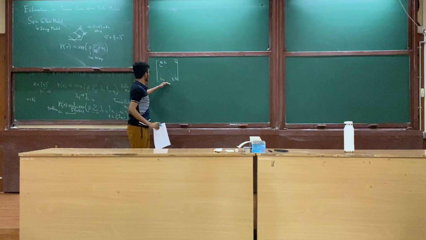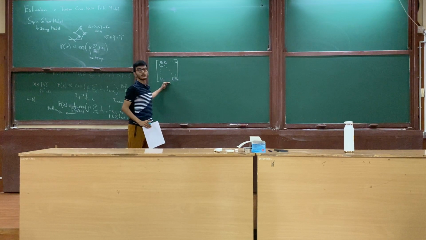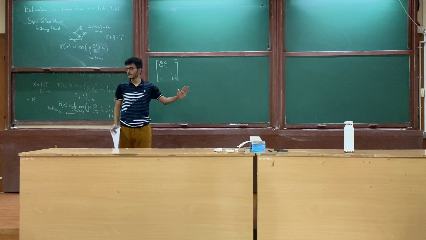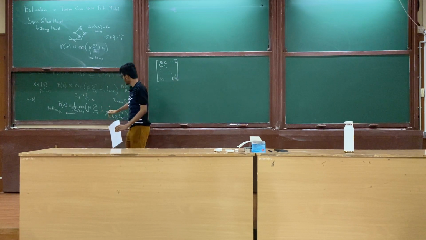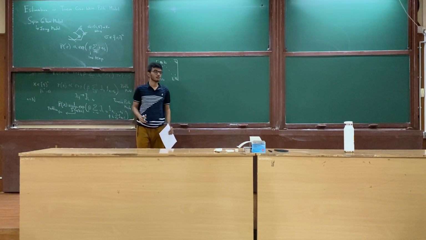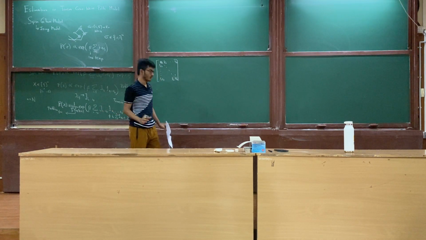So now this is called the Curie-Weiss setting. In that case, everything is put to 1 by n. So what will be the corresponding version in the tensor? In the tensor, instead of 1 by n, we will put 1 by n to the power p minus 1.